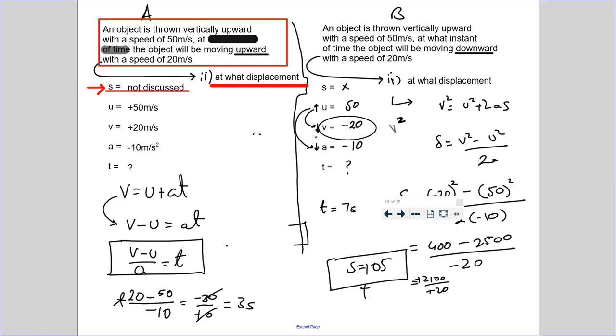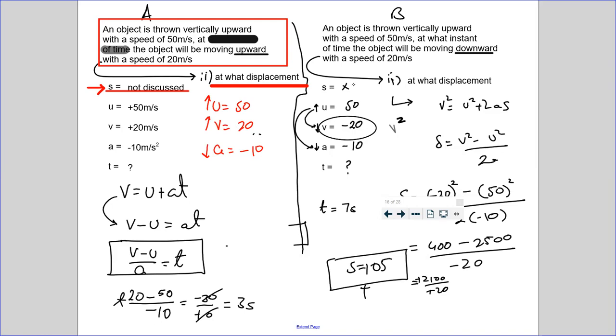So for this new question, what data do we have? Initial velocity is 50, final velocity is 20, acceleration due to gravity is minus 10. Why? Initial velocity is upward, final velocity is upward, acceleration is downward.